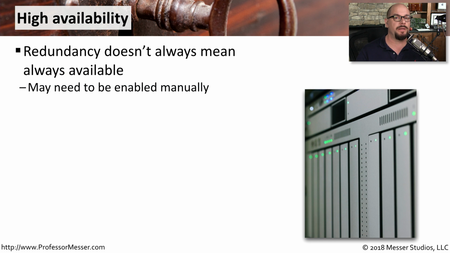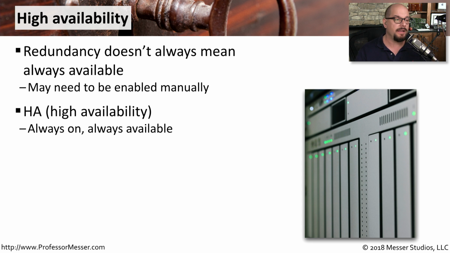Just because you've implemented redundancy doesn't necessarily mean that your systems are highly available. Highly available implies that the systems will always be available for anyone who needs them at any time. But with redundancy, you may have an additional server, but you may need to manually power on that server to provide that redundancy.